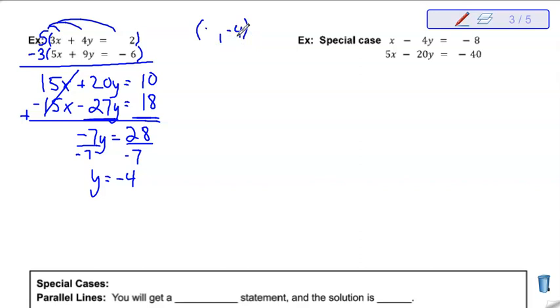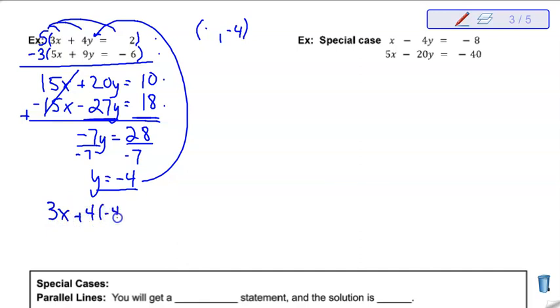Now you actually have 1, 2, 3, 4 equations to plug that into. Again, I always resort to going back to the smallest number one. So I'm going to place that in for y. I get 3x plus 4 times a negative 4 equals 2. So 3x, this becomes a minus 16 equals 2.